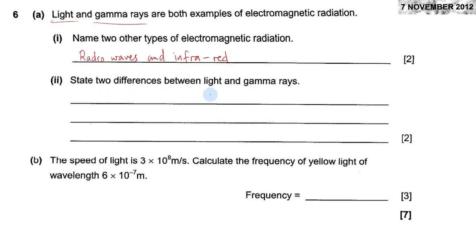Then they're saying state two differences between light and gamma rays. The differences between these two are that number one, they have different wavelengths.